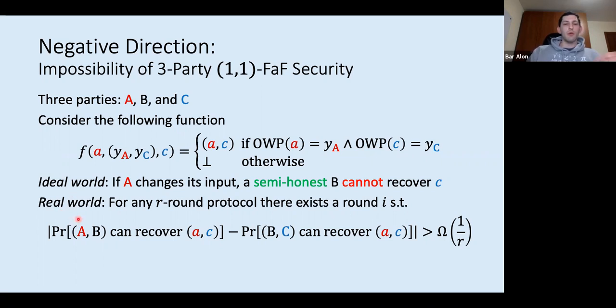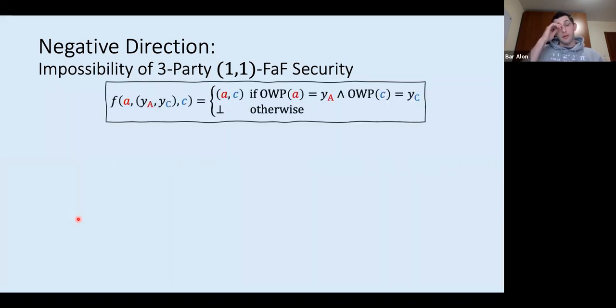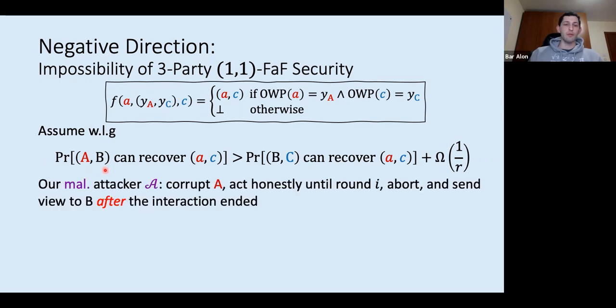Now when we compare the two, we can see that there is a problem here. So what's the problem? Why can't we actually simulate them? Let's put the function on top, and without loss of generality, let's assume that A and B gain more information about the output than B and C. So why is this a problem? Our malicious attacker would be exactly as before.